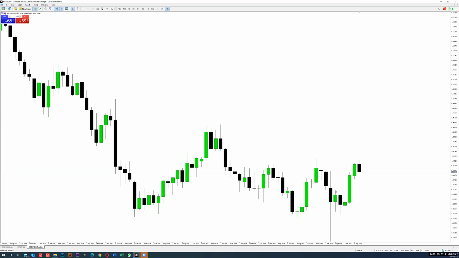To highlight your zones. So for instance, we are now on this pair here, British pound against US dollar, GBPUSD. So you can see when we look at this chart, let me just highlight a few areas that will be of interest. Already we've got this area here, right? And then we've got this area up here, right?